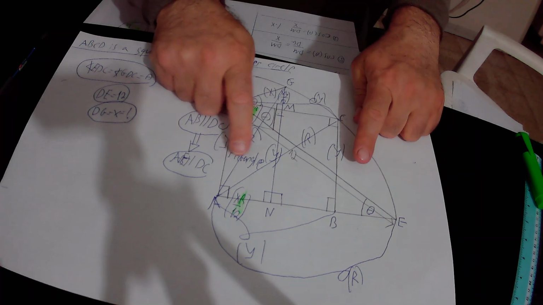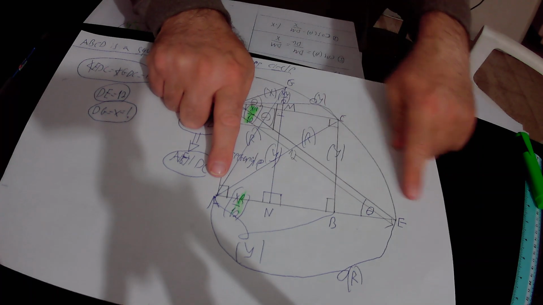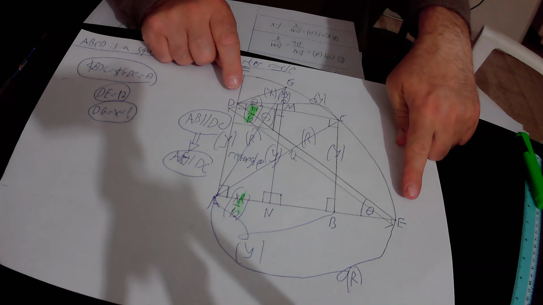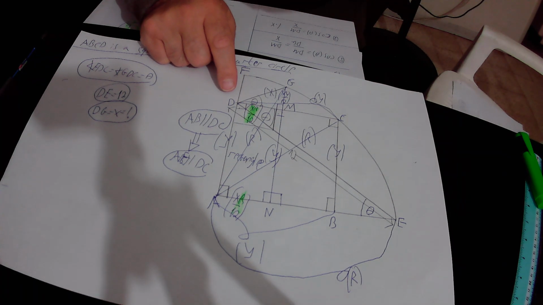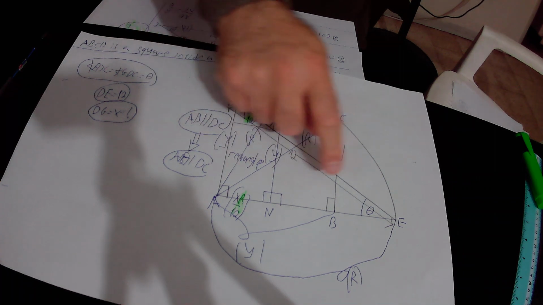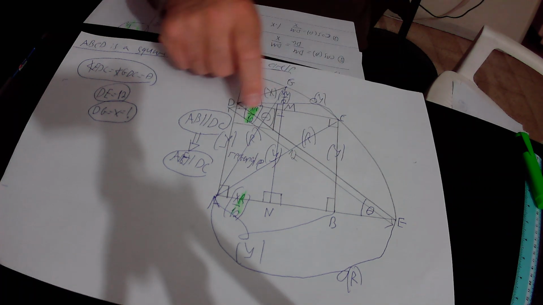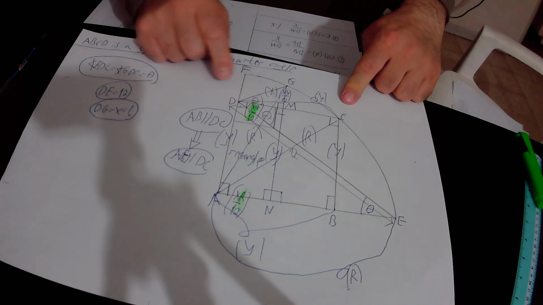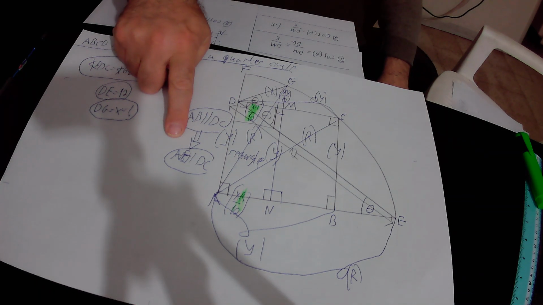But we know that AB is part of the straight line AE and is parallel to DC. If part of a straight line is parallel to another straight line, then the straight line itself must also be parallel to the other straight line. So if AB is parallel to DC, then the straight line AE itself must also be parallel to DC.